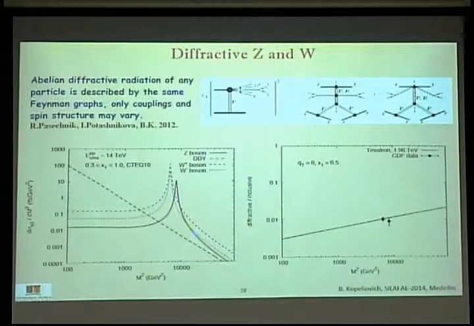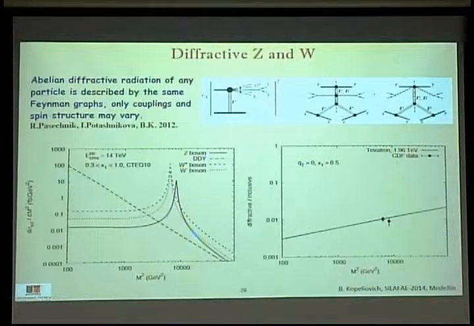And this also shows the absolute cross-section for diffractive Drell-Yan production and W and Z boson production. This is also an M squared distribution, so Drell-Yan is falling, the gauge boson has a peak.